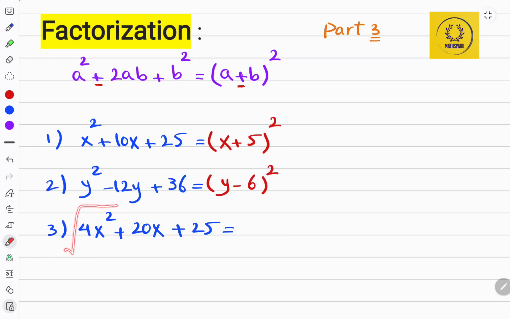The square root of 4x squared is 2x. The square root of 25 is 5. 2x times 5 is 10x times 2 is 20x. So that's correct. We should check for all of them.